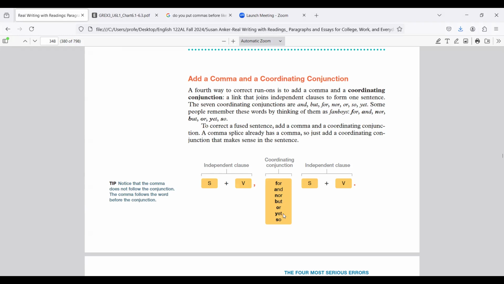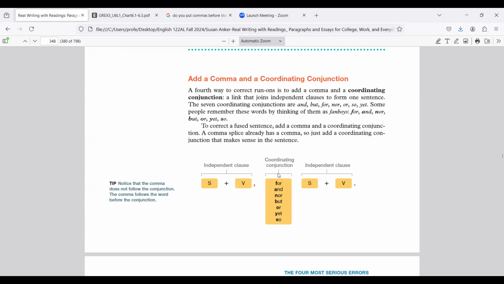For we don't really use. Or is just two different choices, right? So that one's kind of special. So the ones that we really use the most are and, but, yet, and so.